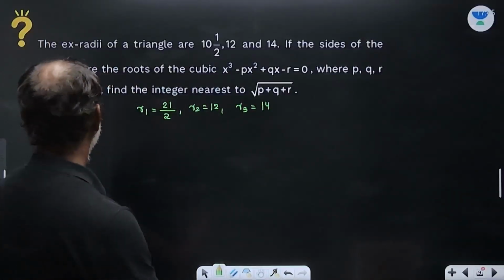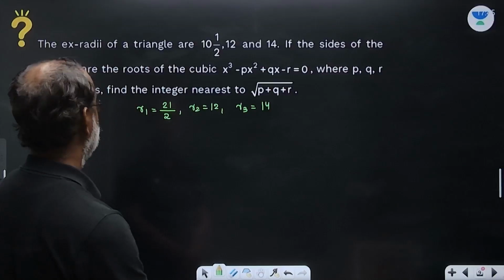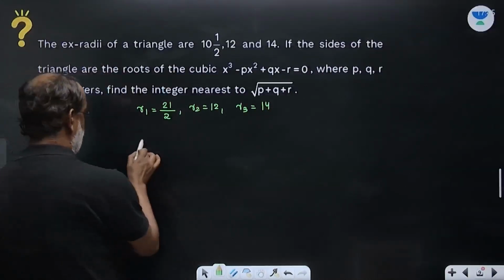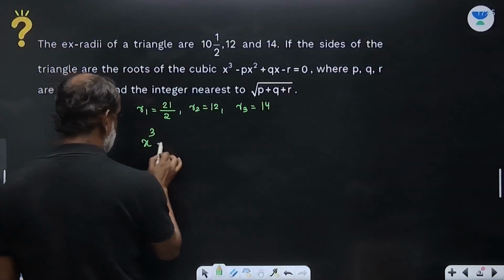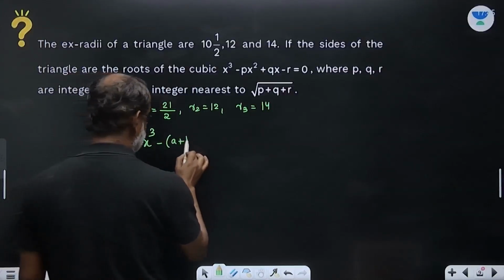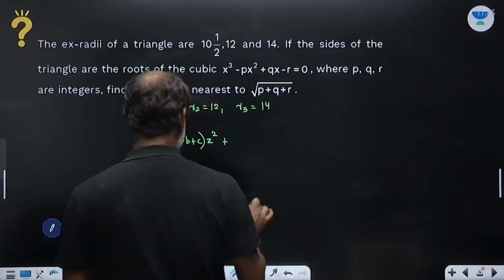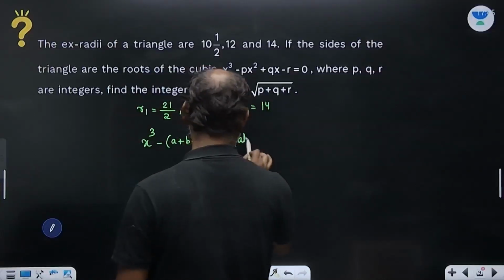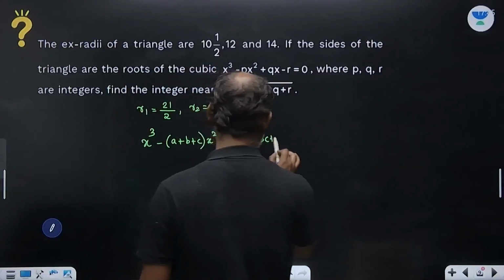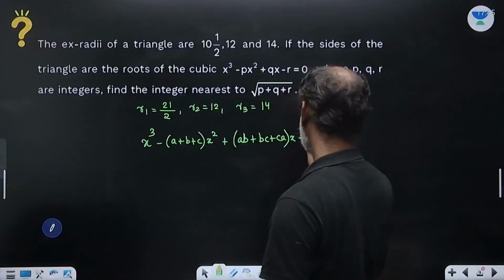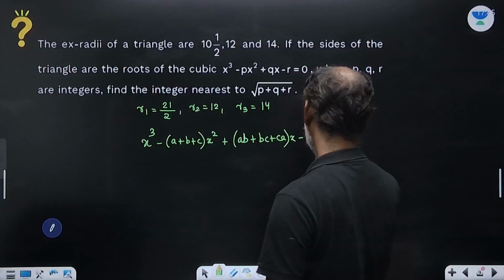If the sides of the triangle are roots of x cube minus (a plus b plus c) into x square plus (ab plus bc plus ca) into x minus abc. This is the cubic.